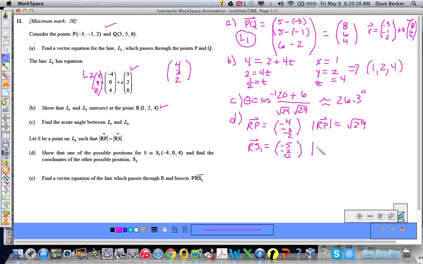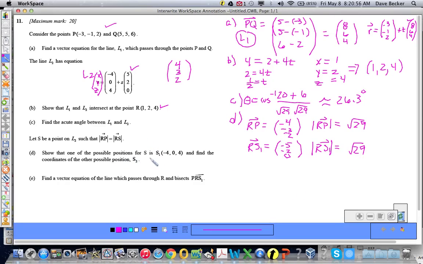And so the magnitude of RS1 is also equal to root 29. 25 plus 4 is root 29. So I have shown it. Isn't that dandy?